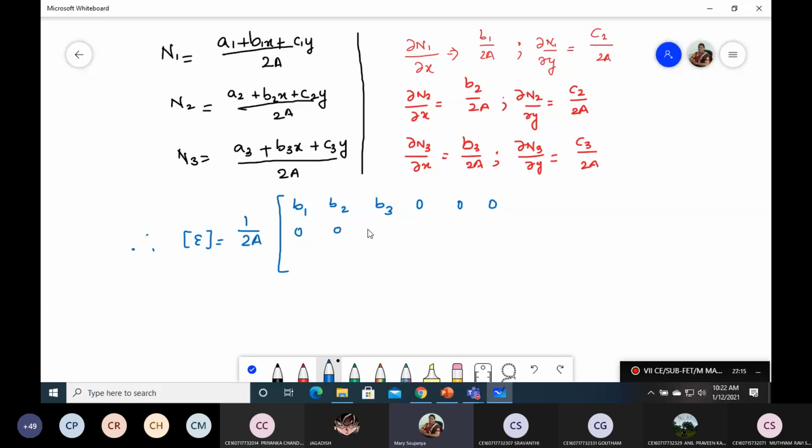Follows with the same thing: C1, C2, C3. Here C1, C2, C3, B1, B2, B3. And what we have here is the elemental displacement matrix, is it not?